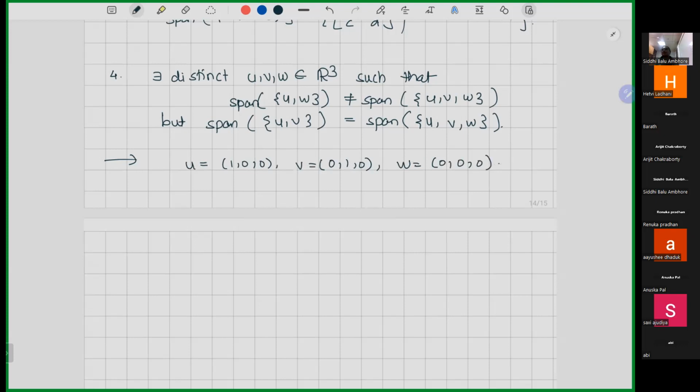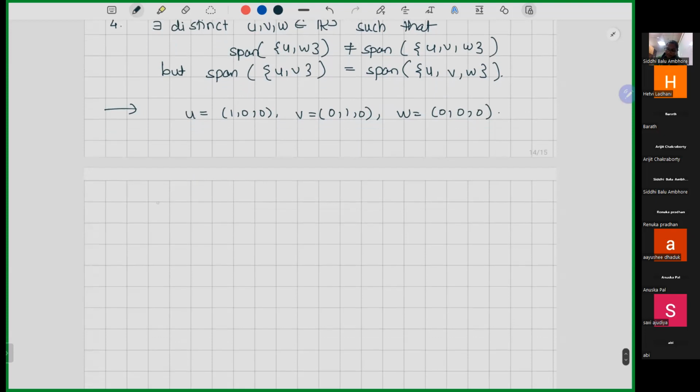Okay, and this definitely satisfies the given condition because the span of U and W is the span of U itself, because 0 belongs to span of U, and this is not equal to span of U, V. Let me write them explicitly.